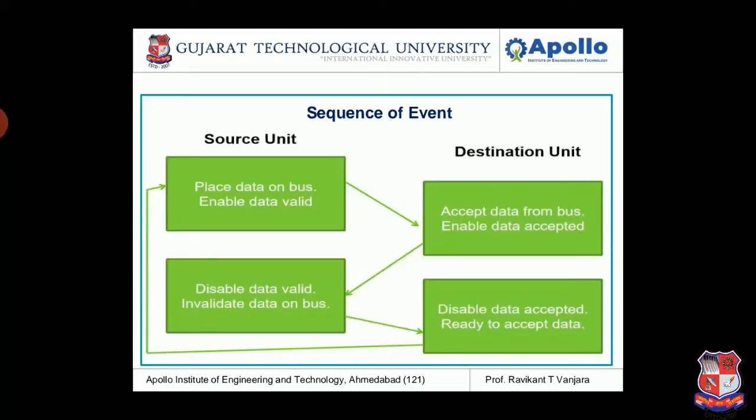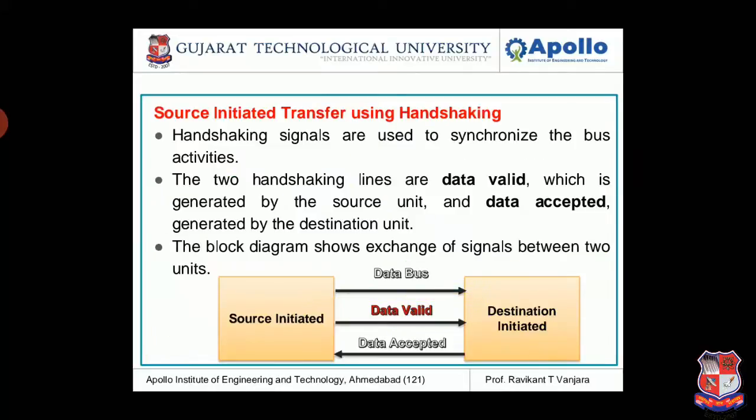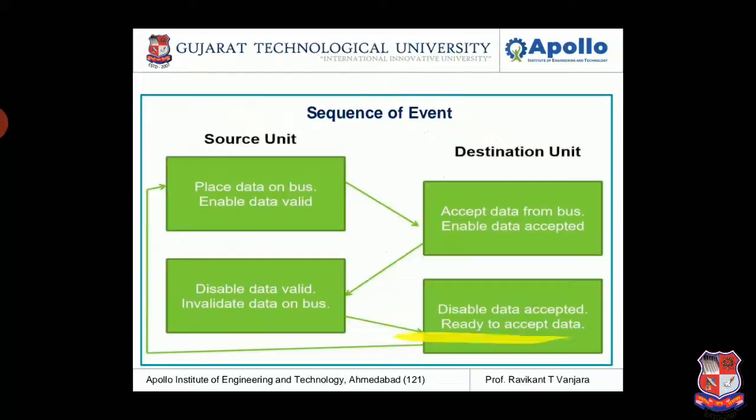Similarly, the destination unit disables the data accepted line and is ready to accept data in order to continue the next operation. So this is what source initiated transfer using the handshaking mechanism says.